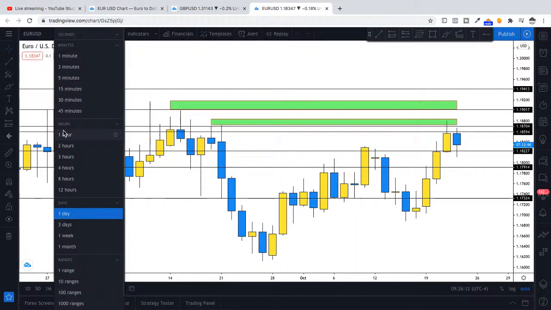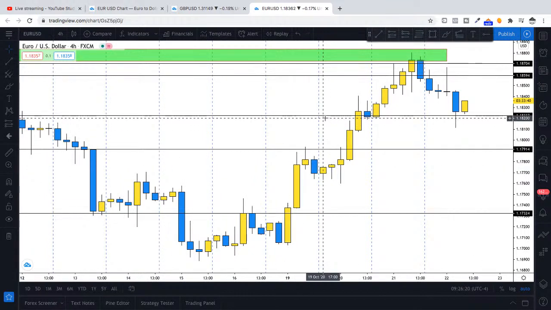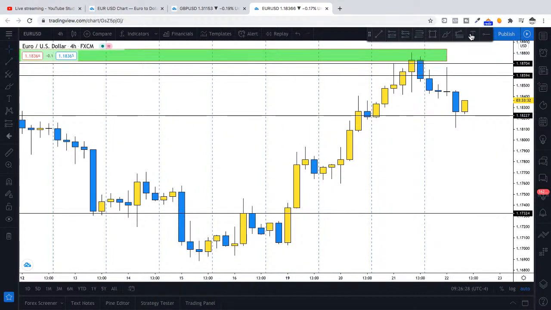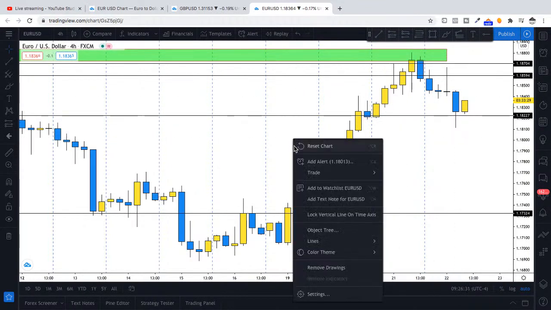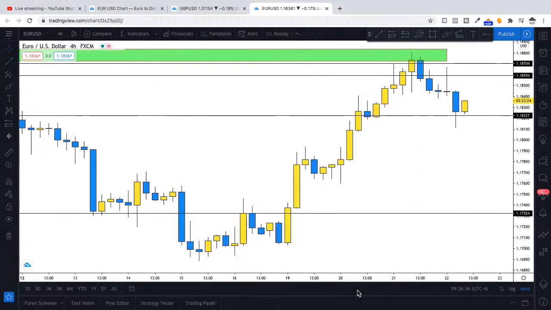Let's jump into a 4 hour. Prefer to put session breaks. Okay, so recently kind of dived into this whole just a little pullback here.